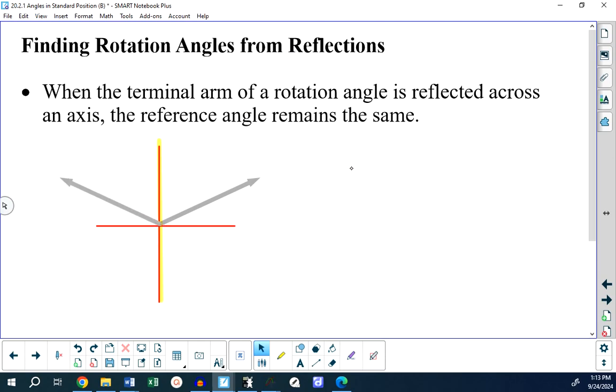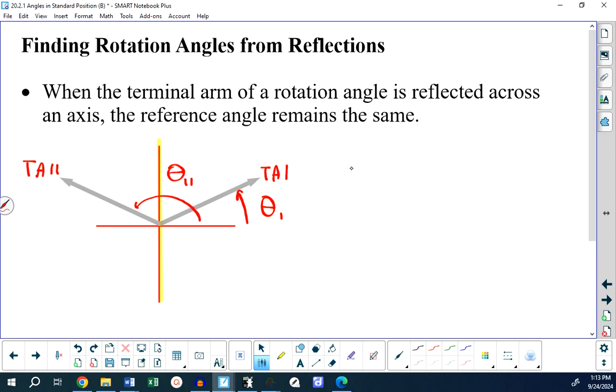So what we are looking at here, and I'm not going to use numbers yet, is for terminal arm number 1, that's theta. That's the rotation angle. For terminal arm number 2, this is the rotation angle.